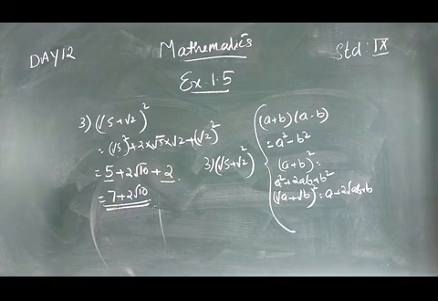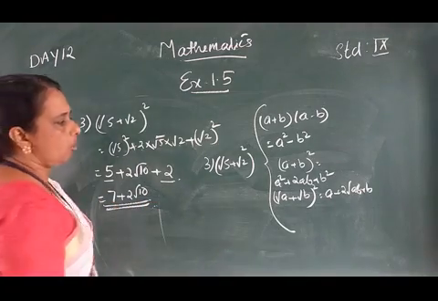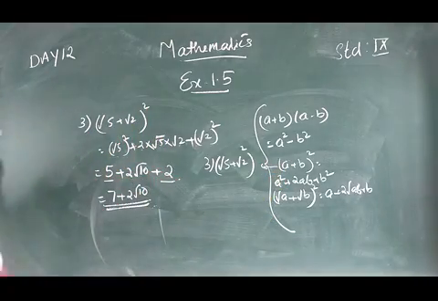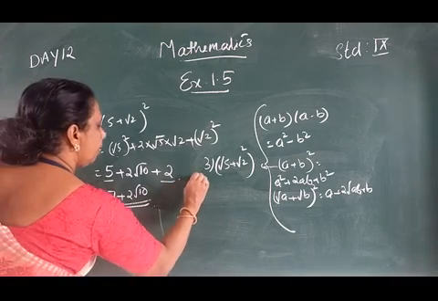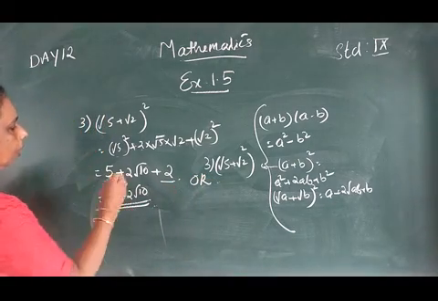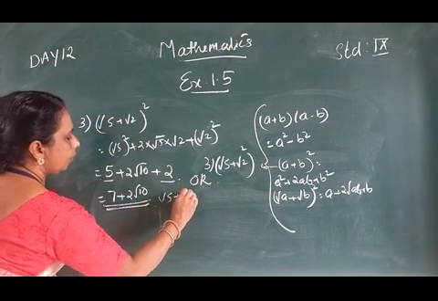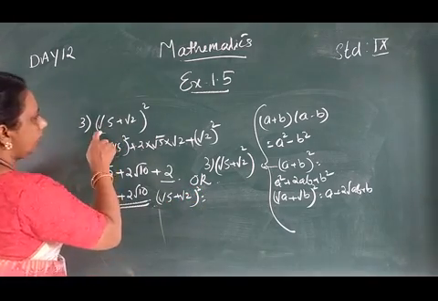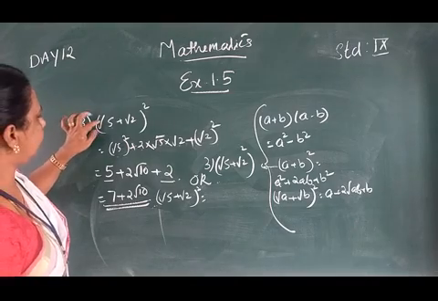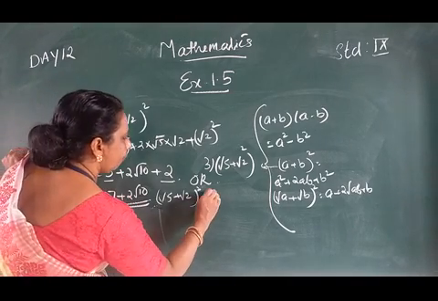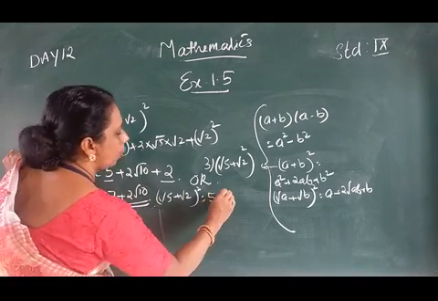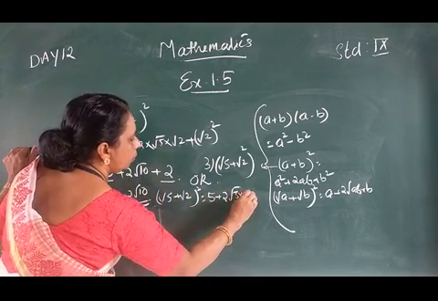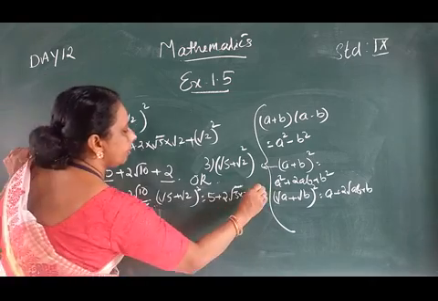Here I am using the identity A plus B the whole square first. Or we can do this problem in this way: root 5 plus root 2 the whole square is equal to A. Here what is A? A is 5, plus 2 into root of A into B, 5 into 2, plus B, 2.